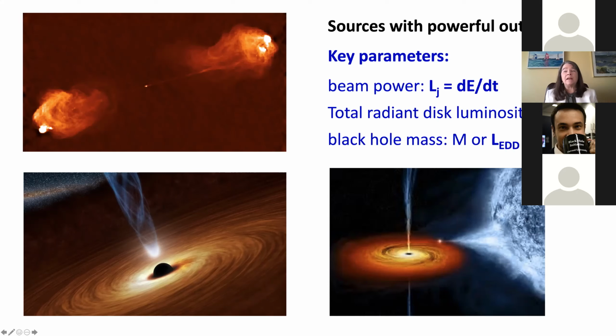So I won't spend a lot of time explaining how the bolometric luminosities and black hole masses are obtained, but I will spend a little time explaining the empirical methods to determine the beam power. And these three empirically determined quantities can be combined and studied to solve for the black hole spin and the properties of the accretion disk.